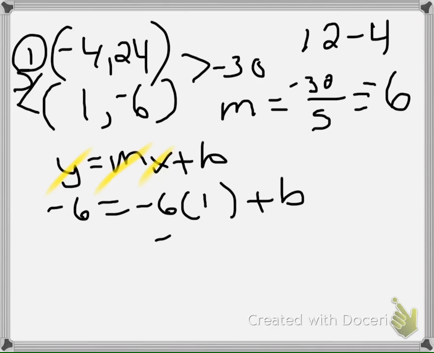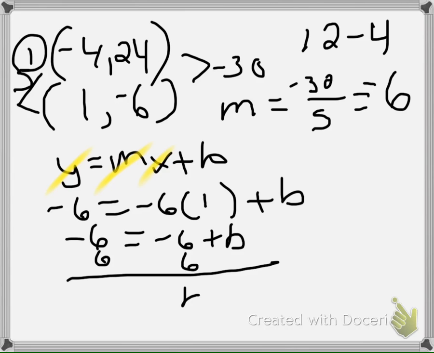Multiply. To get the b by itself, you're going to have to add 6 to both sides. B is equal to 0. That means that my equation is y equals negative 6x.